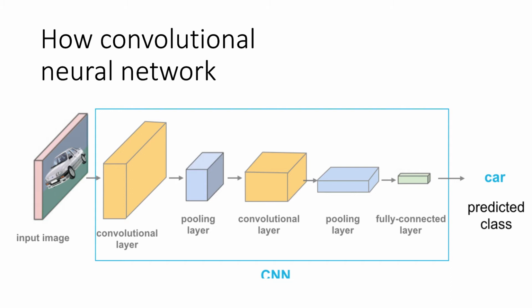In the end we have a fully connected layer. This fully connected layer gets the top 5 or top 10 best matches. It's actually using some probability distributions, for example softmax or SVM layers, and we take the maximum match as the output.